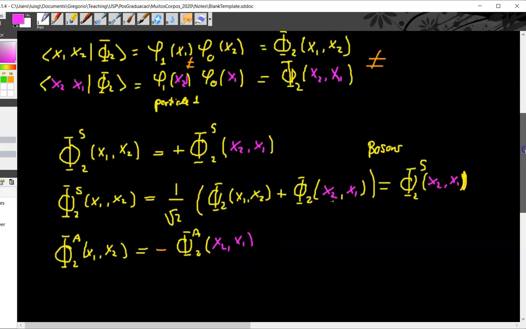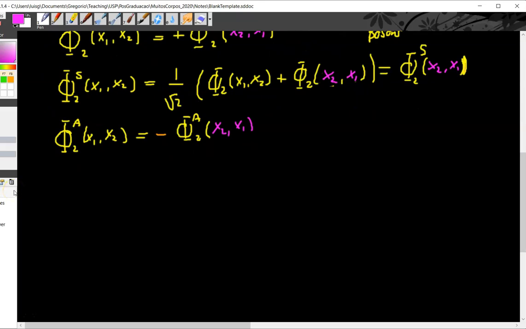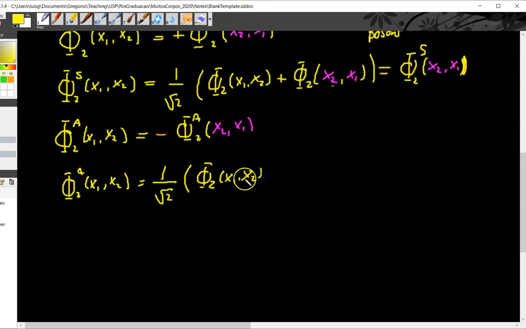I can define this like this: phi 2 A of x1, x2 is phi 2 at x1, x2 minus phi 2 at x2, x1.